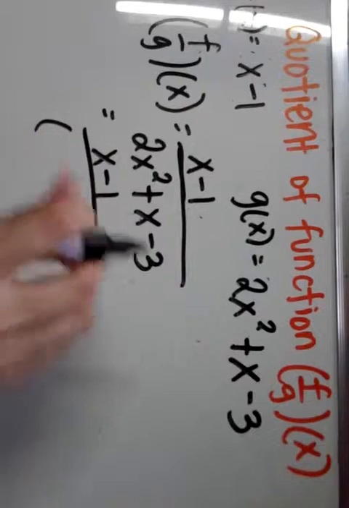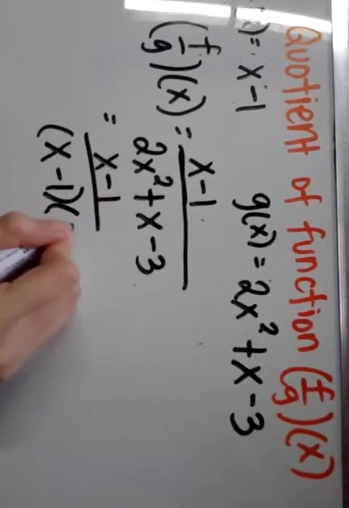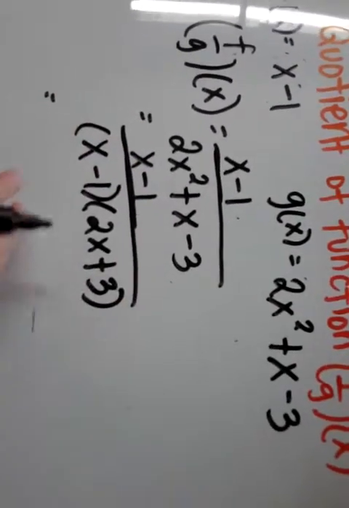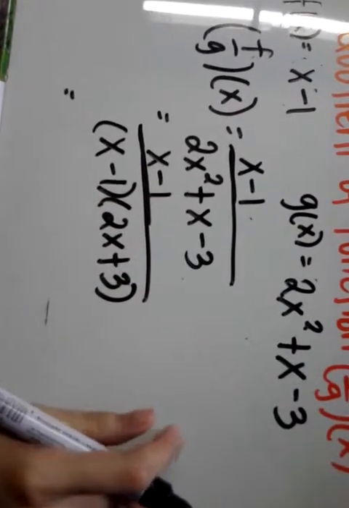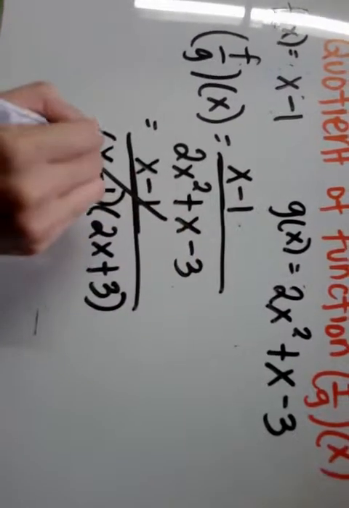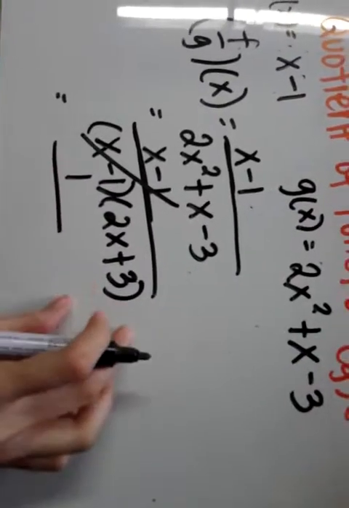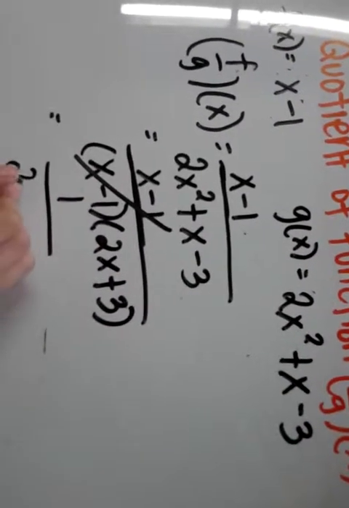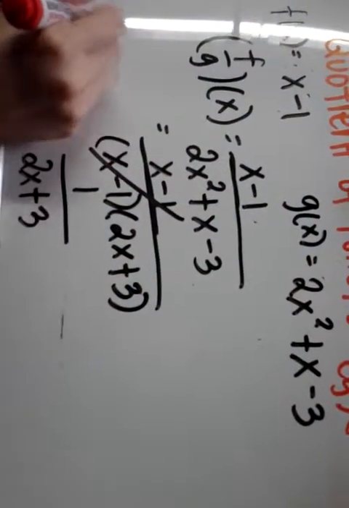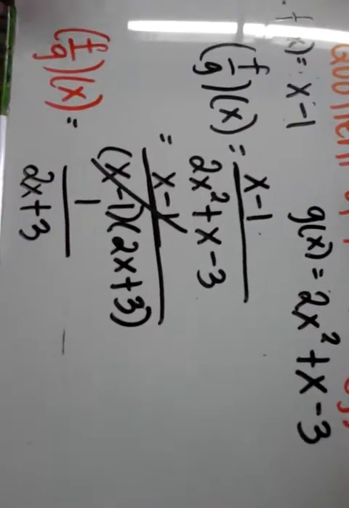So the factors of 2x squared plus x minus 3 are x minus 1 and 2x plus 3. So now, since we have x minus 1 in our numerator and x minus 1 in our denominator, we're just going to cancel it out and we're going to have a numerator of 1 and a denominator of 2x plus 3. So therefore, f over g of x is equal to 1 over 2x plus 3.